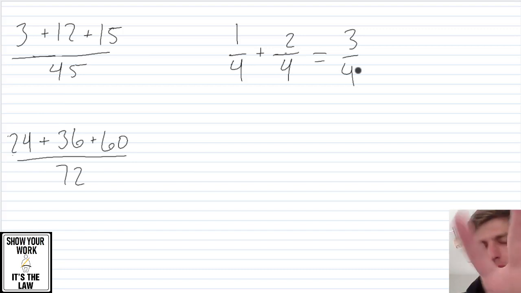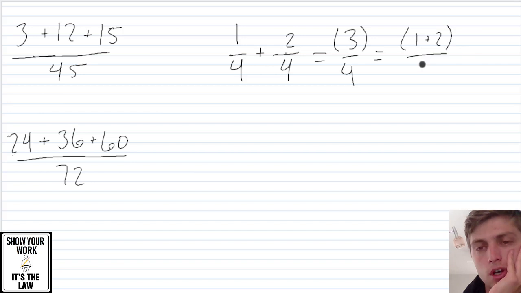And I'm just going to manipulate it a little bit. We know that 3 is the same as 1 plus 2, so we could just break this down to say 1 plus 2 over 4. All these things are equal, right? We just broke this 3 apart. They're just different ways of writing the same thing. Obviously, we usually just work with the simplified case because that makes the most sense.